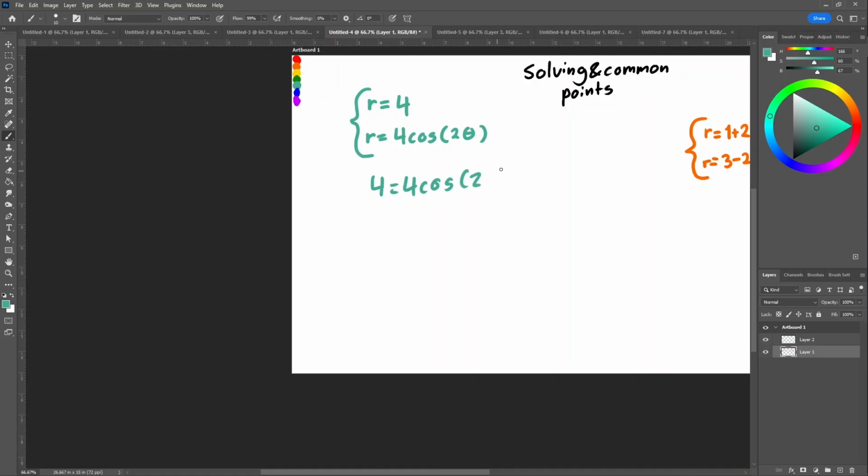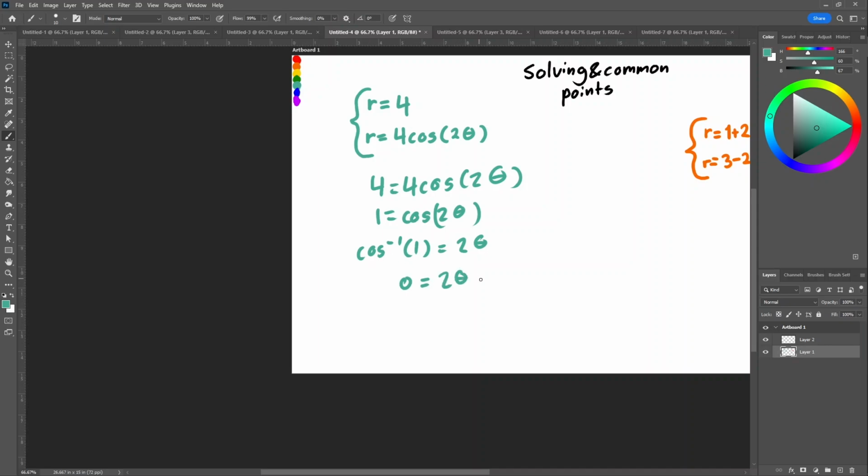4 equals 4 cosine 2 theta. We can divide by 4 on both sides. 1 is equal to cosine 2 theta. Take the inverse cosine on both sides. Inverse cosine of 1 is equal to 2 theta. Inverse cosine of 1 is equal to 0.